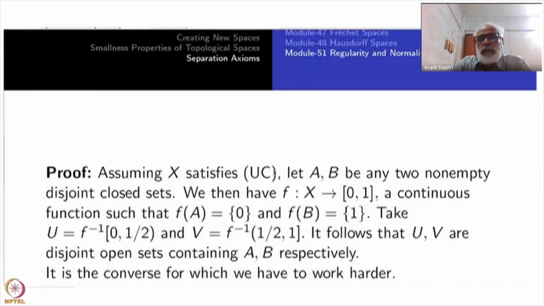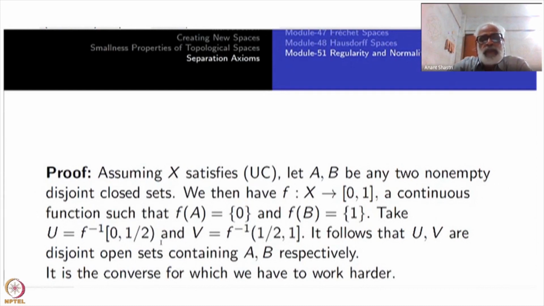Assume that UC is satisfied by X. Take A and B, any two non-empty disjoint closed sets, and take a continuous function f from X to [0, 1], so f(A) is 0 and f(B) is 1. Then take [0, 1/2) open, and (1/2, 1] again open.